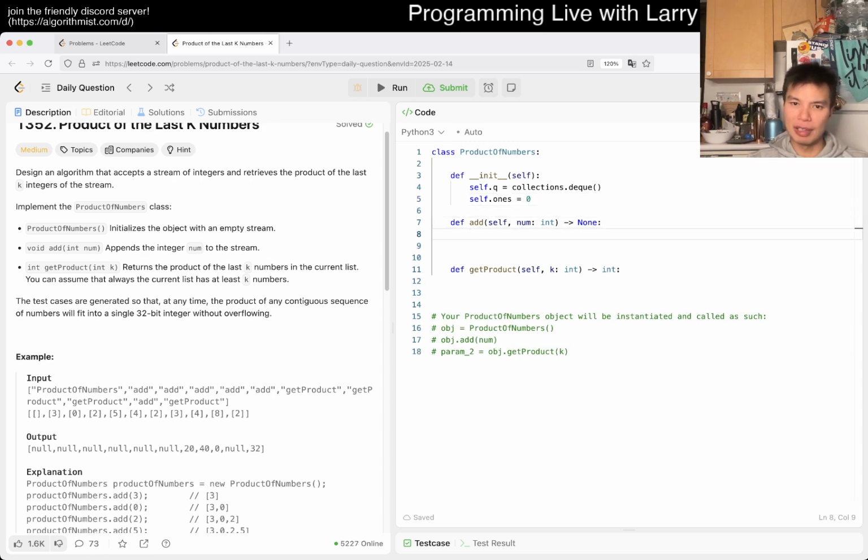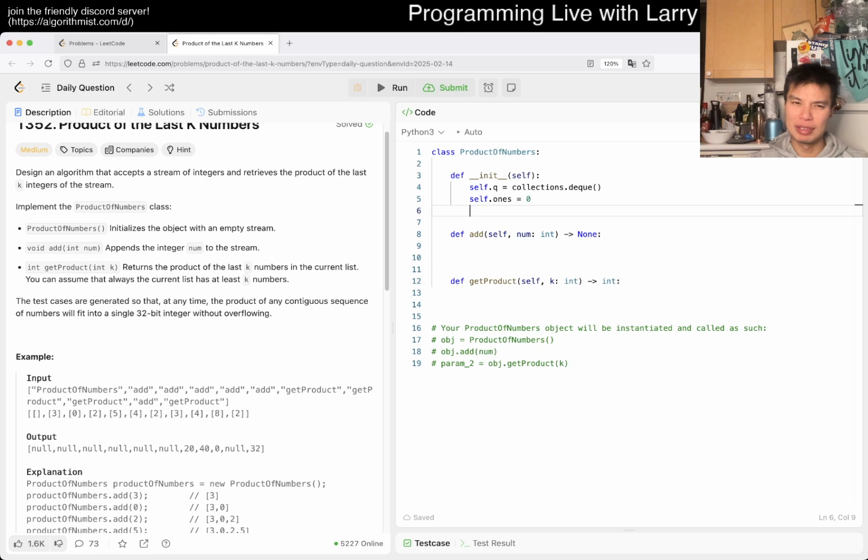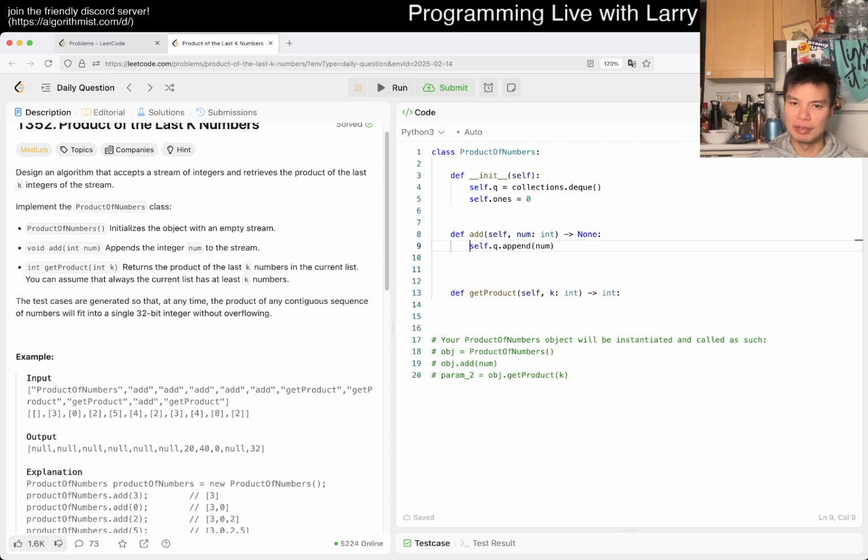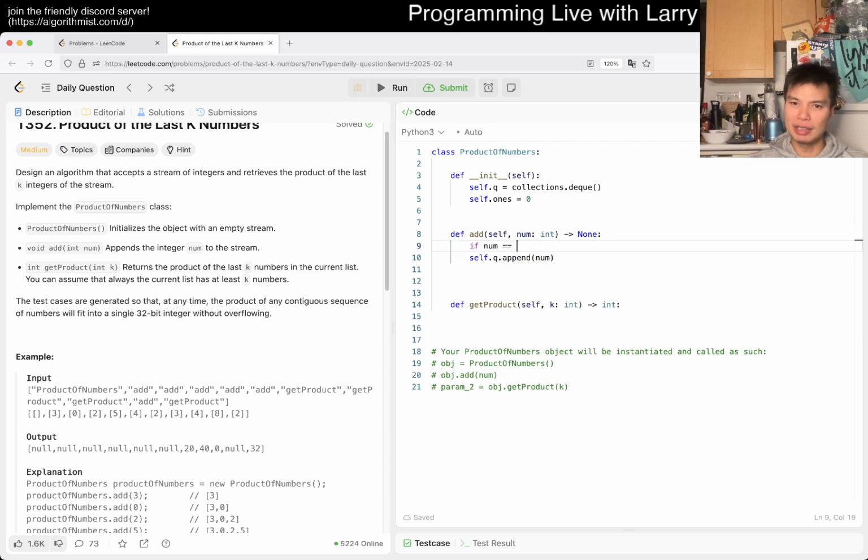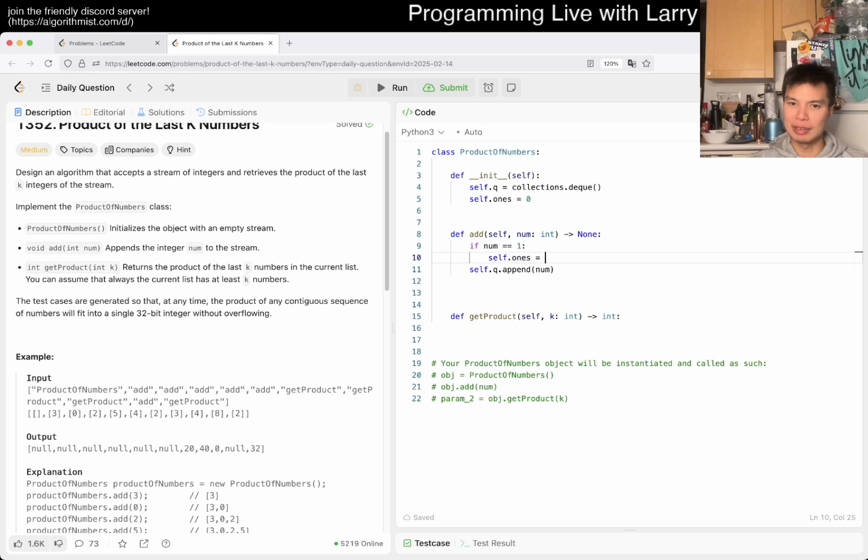Okay, so you need to keep... no, I guess not. Here, then I go to that append num, right? If num is equal to 1, then self.ones is incremented by 1.